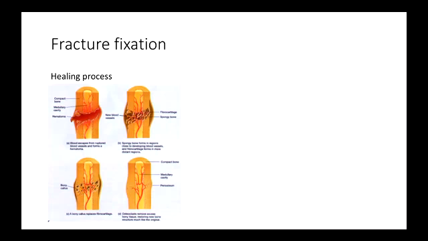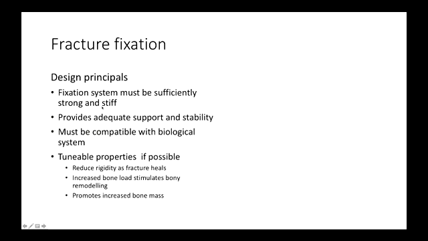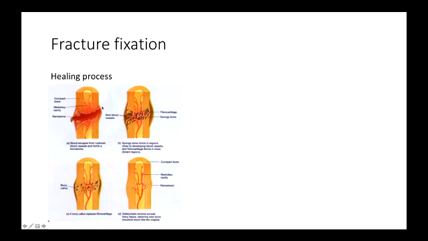So the healing process: when a bone's fractured, a hematoma forms over it. Once that's essentially contained, you end up with vascularization, where all the blood vessels cross the fracture line.